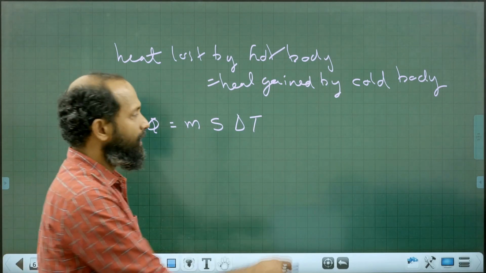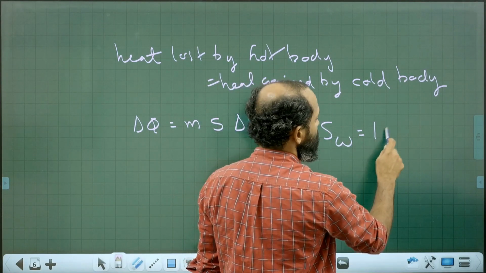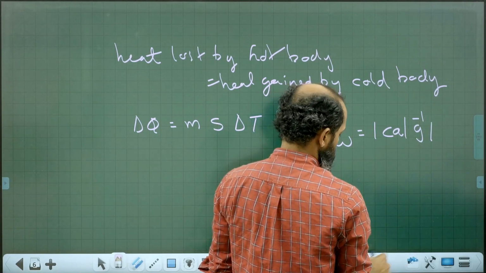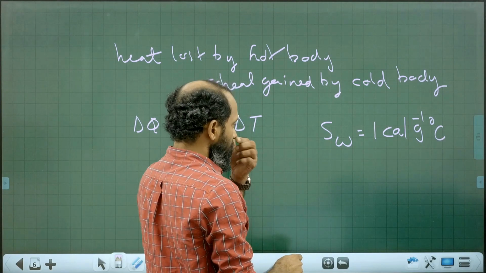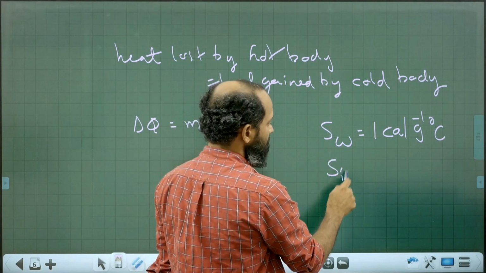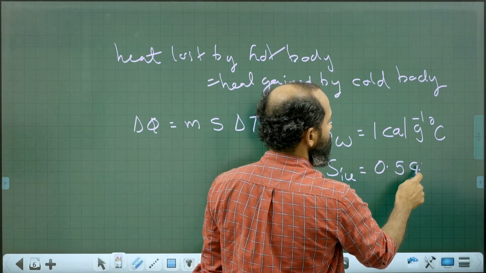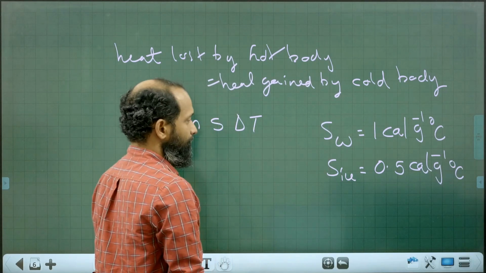At least learn by heart the specific heat capacity of water, and that is 1 calorie per gram per degree Celsius. Okay. Now, specific heat capacity of ice, that is exactly half this, 0.5 calorie per gram per degree Celsius.